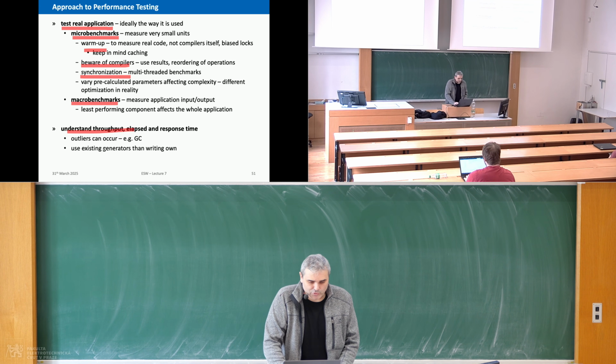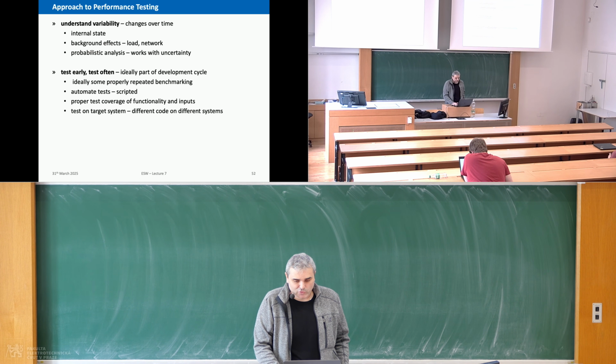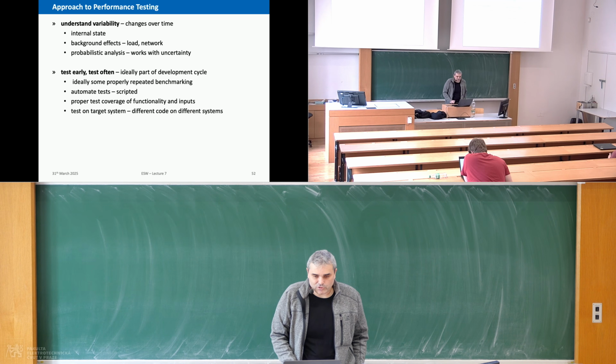A recommendation: you should use existing generators of data and testing rather than writing your own, because usually your own testing case will not be as good as a general one, and you will manifest all these kinds of issues I've already mentioned.